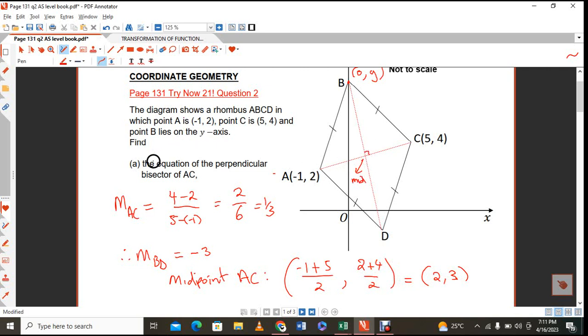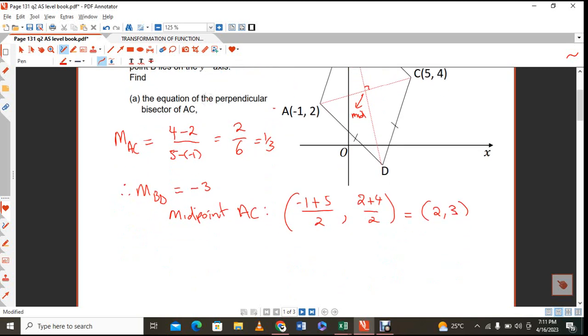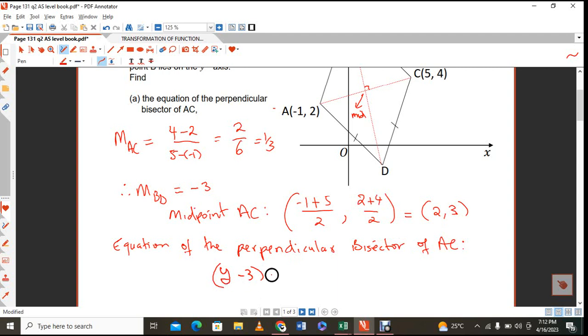So why is that important? Because now I can actually calculate or write down the equation of the perpendicular bisector of AC, or the equation of BD. So the equation of the perpendicular bisector of AC, which is also finding the equation of line BD, is y minus 3 equals the gradient times x minus 2.